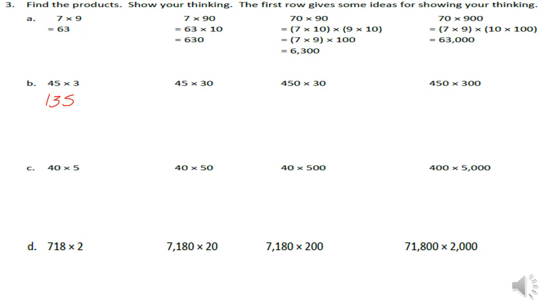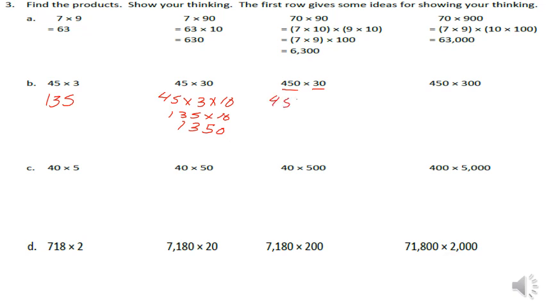Okay. Now over here, we can break it down the same way. We do 45 times 3 times 10, which I know once again, this is going to be 135 times 10, which gives me 1,350. Over here, going a little bit further, we got 450 times 30.